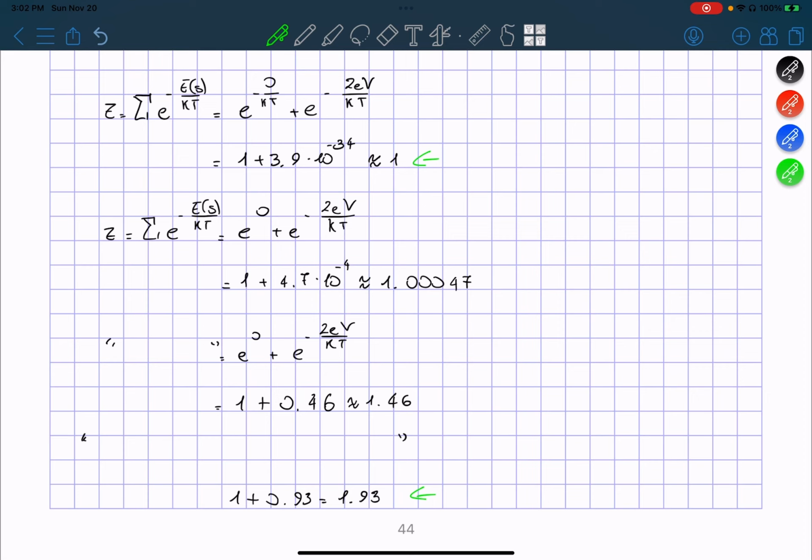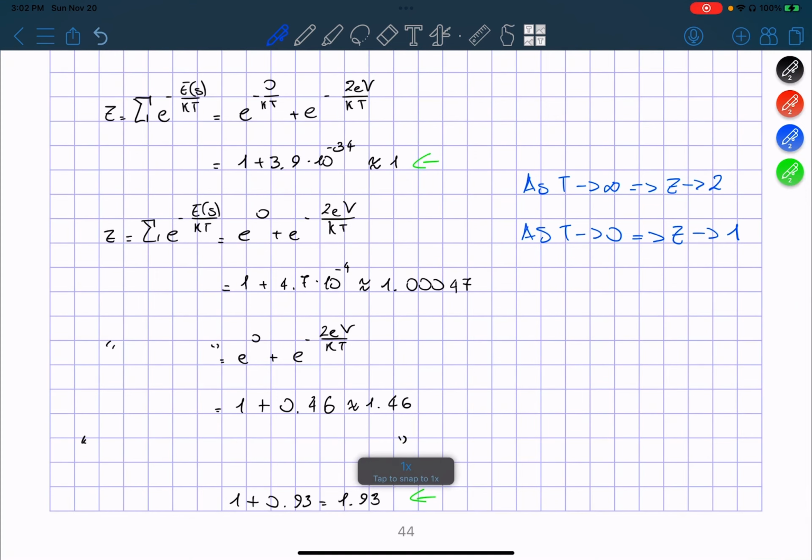To be precise, as T approaches infinity, we have Z approaching 2. Instead, as T approaches 0, we have Z approaching 1.